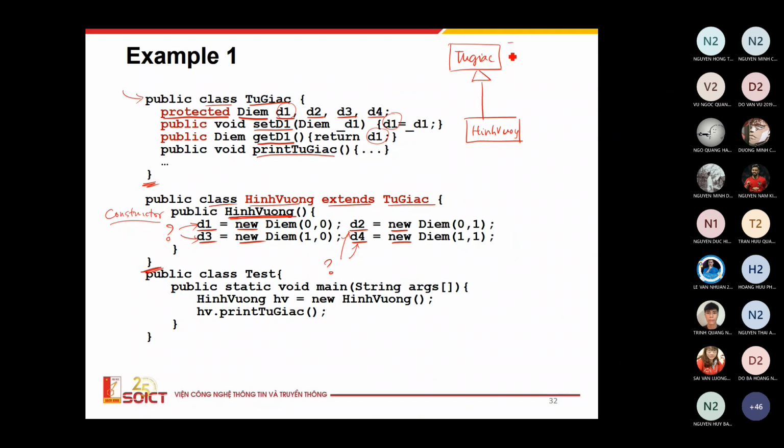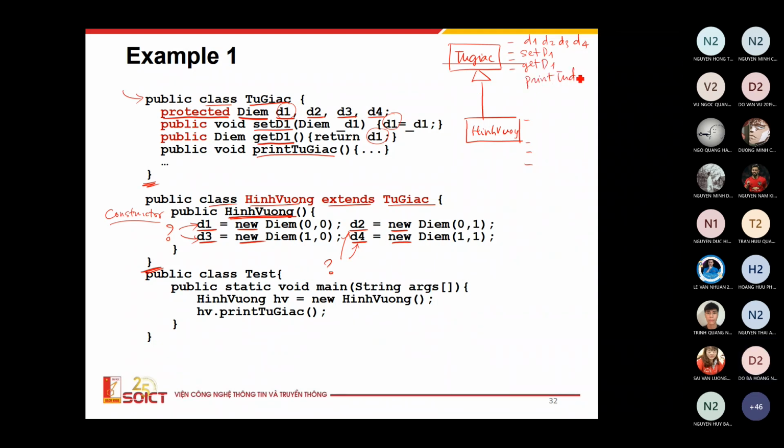Let's count how many attributes and methods you have in this class, for example in the tứ giác or hình vuông class. In the tứ giác, you have D1, D2, D3, and D4 as attributes, set D1, get D1, and print tứ giác.